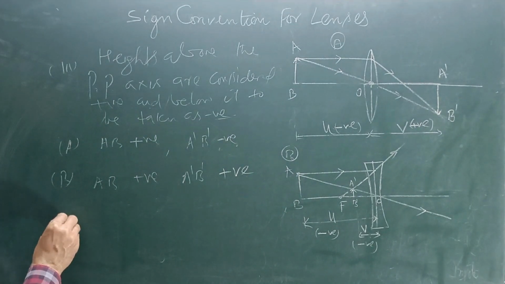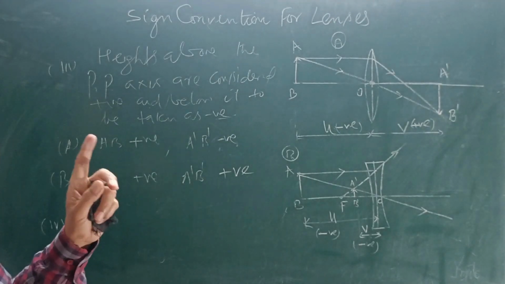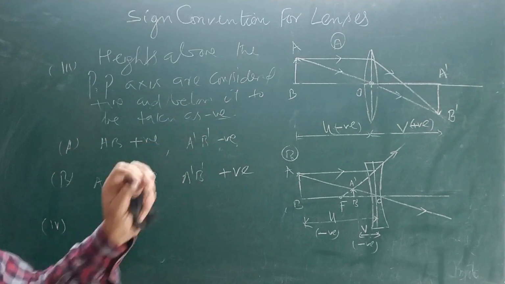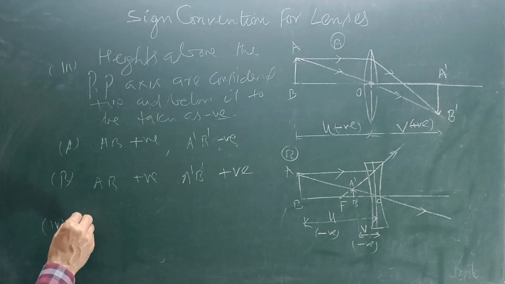And the fourth rule, which is very important, is that light is always to be taken from the object. That is, light comes from the object.